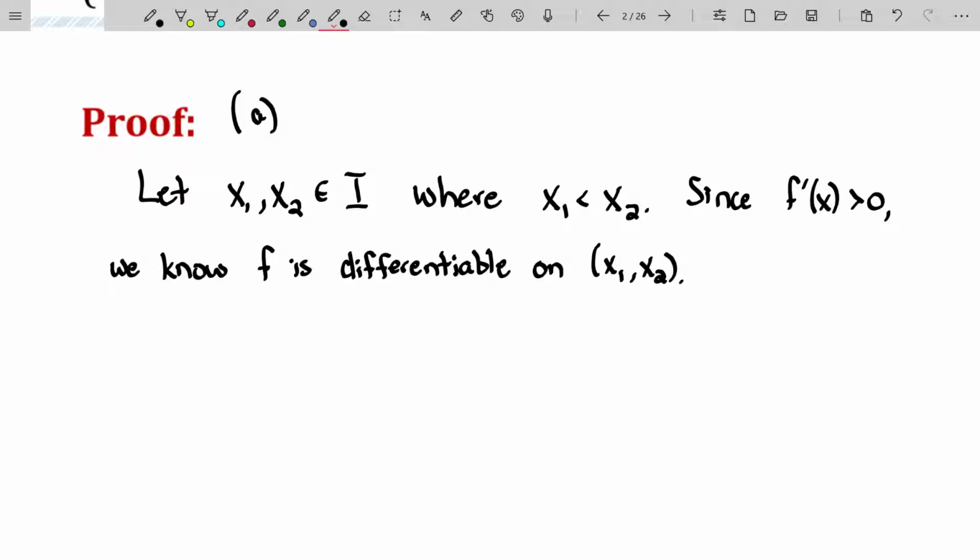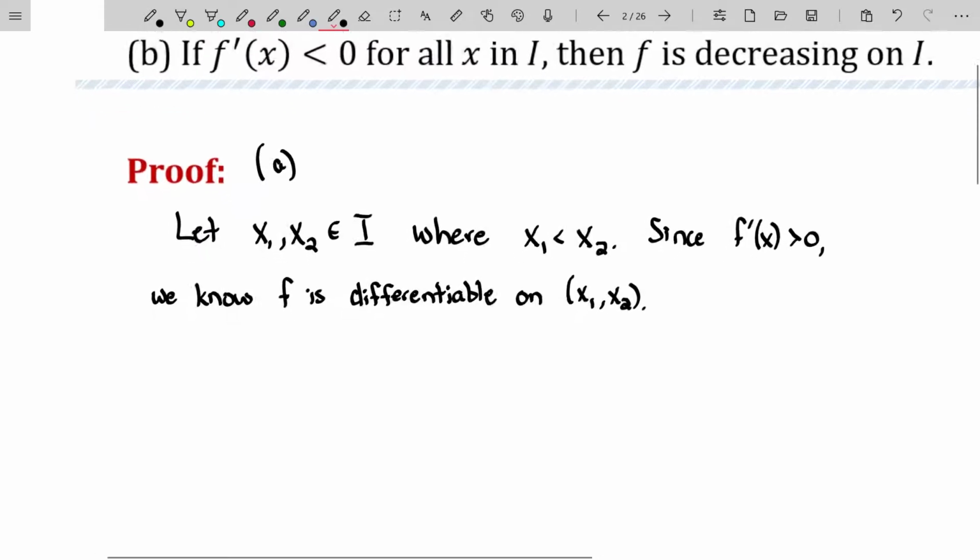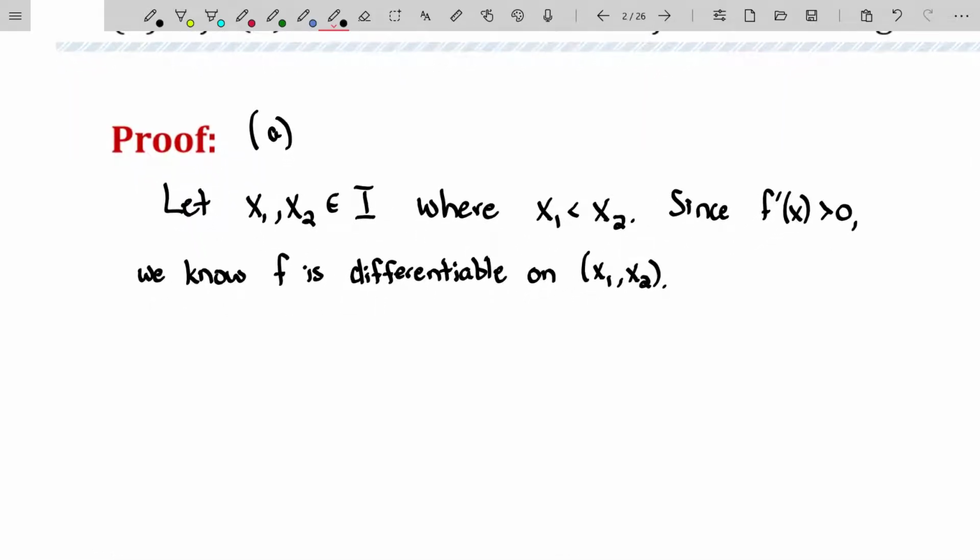So since f prime of x is greater than 0 in part A, we know that f is differentiable, right? Because they told us the derivative is positive. So we know it's differentiable from x1 to x2.